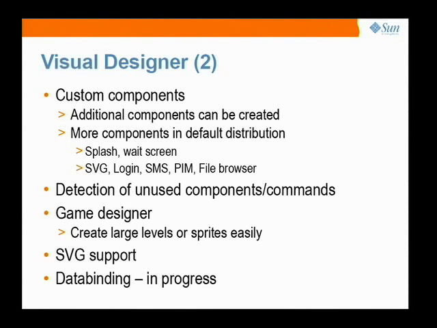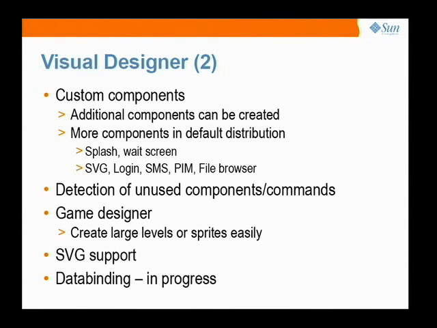There is a splash screen, and a wait screen, which is a special component that can display some kind of progress while a task associated with it is running in the background. There is support for SVG components, a login screen, a screen for sending SMSs, PIM, which is personal information management, and a file browser.